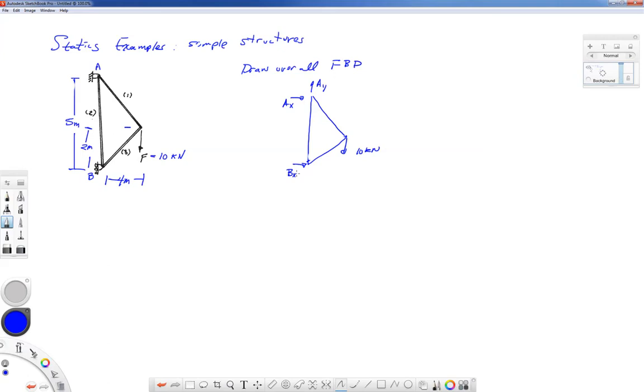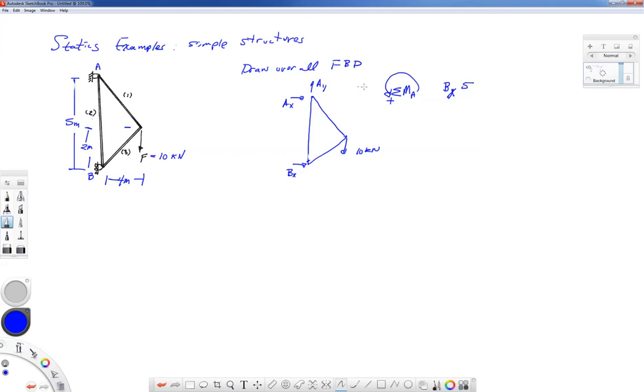Okay, so to find the external reactions, I'm going to do the summation of moments. Let's do the summation of moments about A. Okay, so those two reactions have a zero-length moment arm. I will have, according to my sign convention of this way positive, the force Bx times 5 meters.